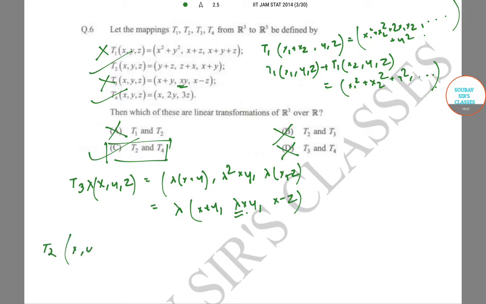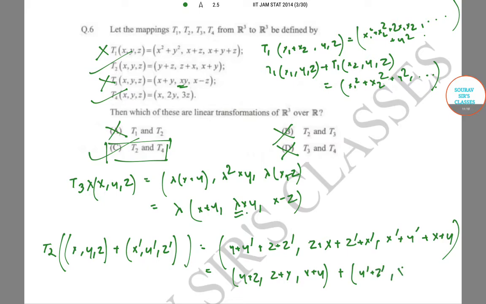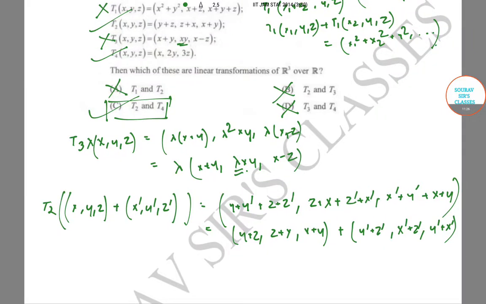T2 of x, y, z plus x prime, y prime, z prime is equal to y plus y prime plus z plus z prime, comma z plus z prime plus x plus x prime, comma x plus x prime plus y plus y prime, which is just equal to y plus z, z plus x, x plus y, plus y prime plus z prime, z prime plus x prime, x prime plus y prime, which is just equal to T2 of x, y, z plus T2 of x prime, y prime, z prime. And so this is okay. T2 is a linear transformation.